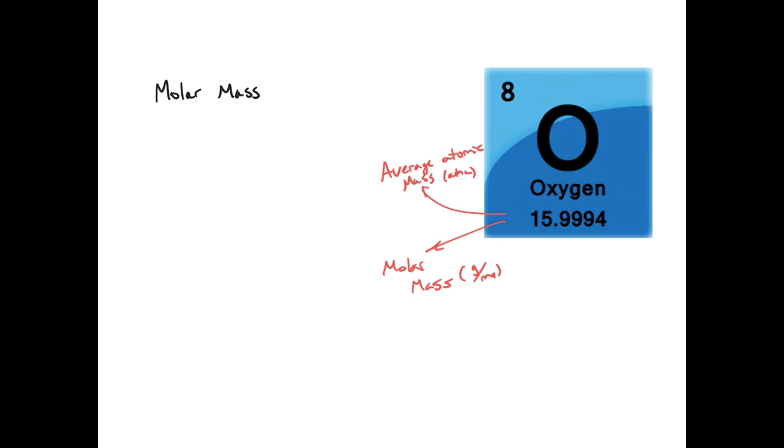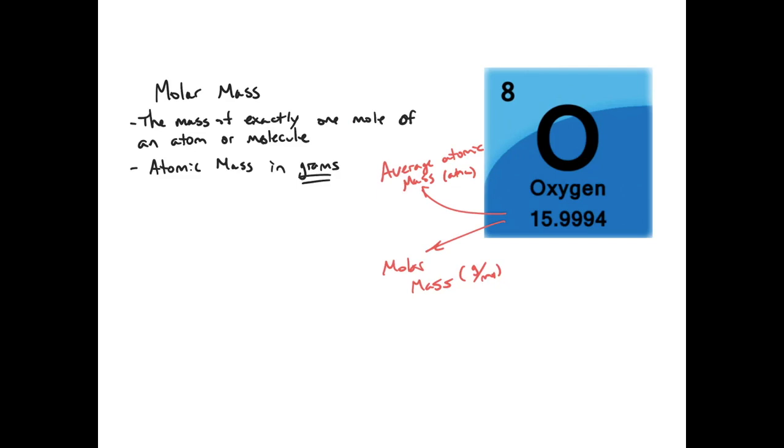But if you're going to take an entire mole of oxygen and measure the mass of that, then its mass is the exact same number as the atomic mass, but in grams per 1 mole. The molar mass represents exactly 1 mole of an atom or molecule. It's how many grams there are in that 1 mole. The atomic mass in grams is the molar mass.